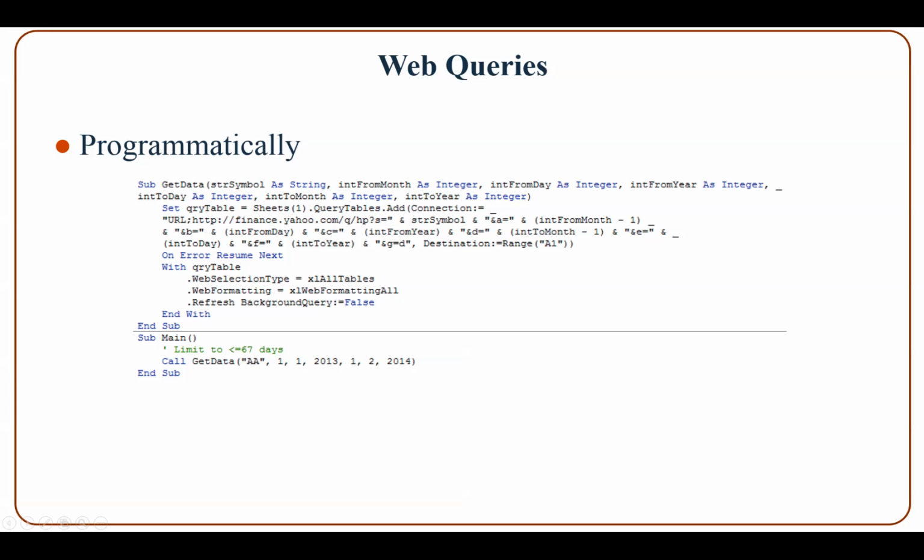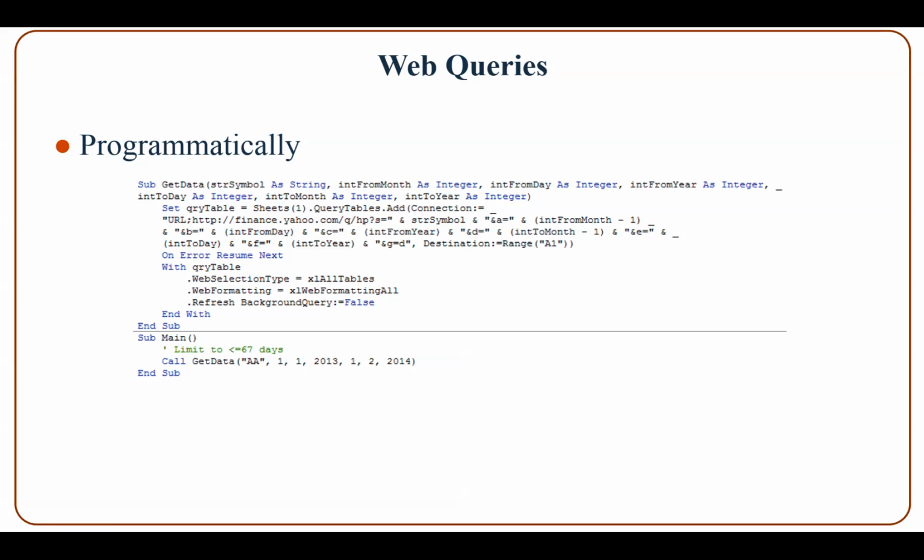The query string is formed by concatenating the arguments passed to this sub-procedure, including the symbol, the month, from day, from year, which is the starting date, and the ending time. All the arguments are concatenated in the string for the connection argument.